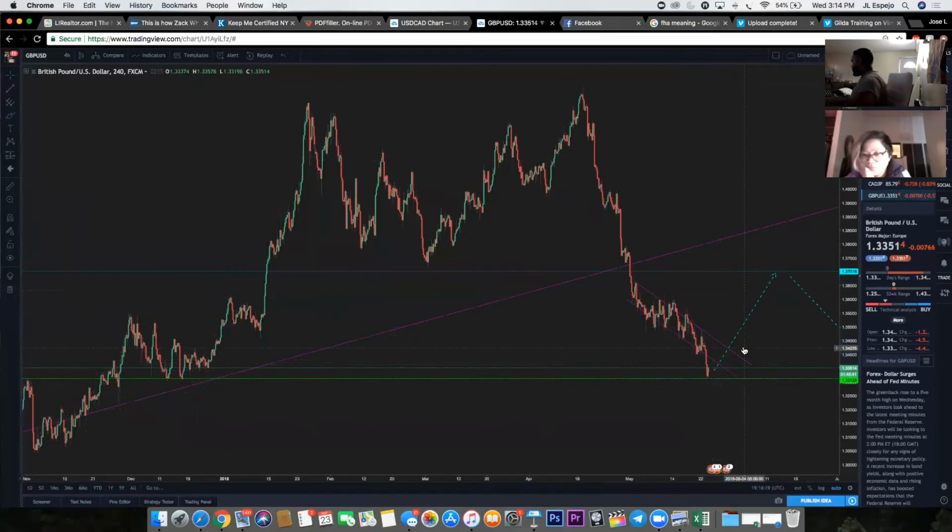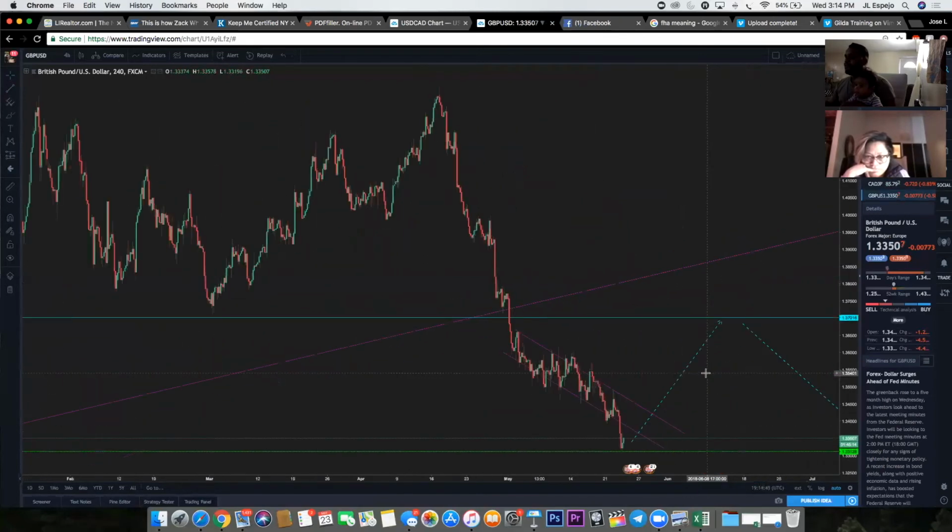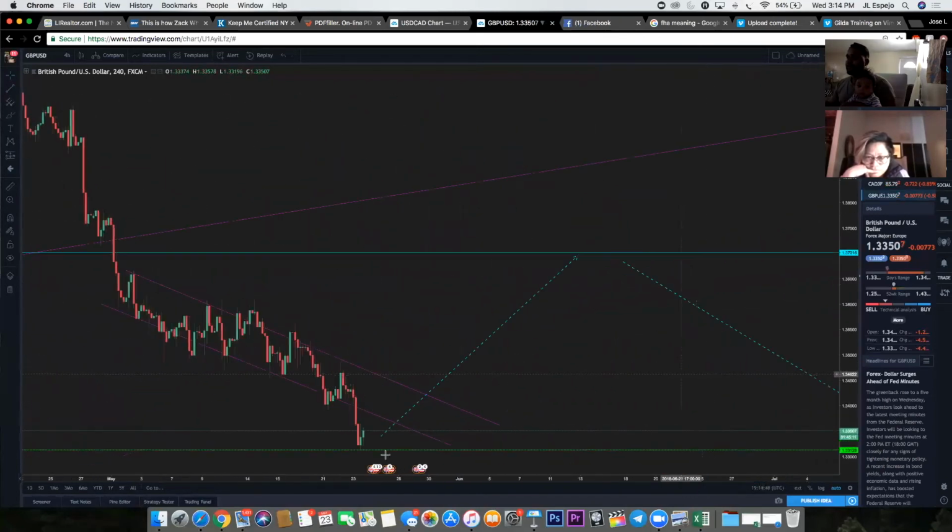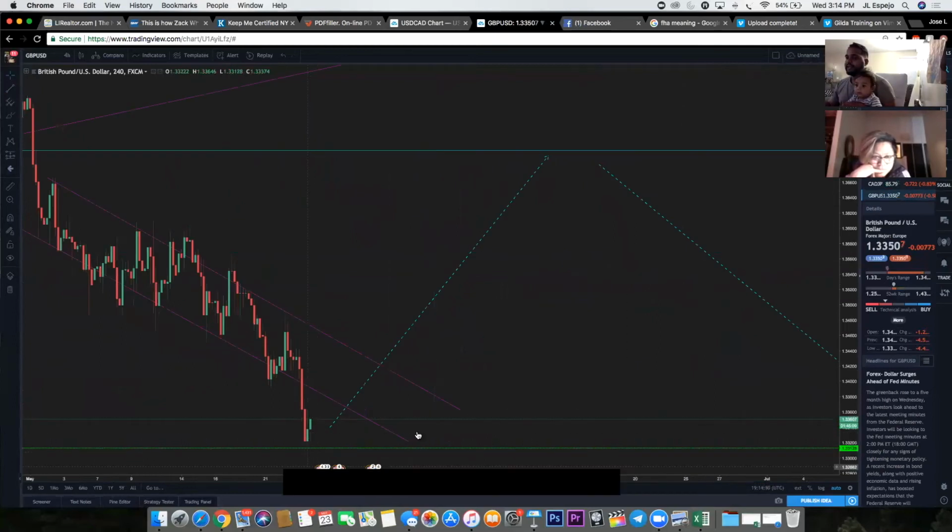Hold on one second. So what happens is, this is where you can focus on looking for signs, like maybe this 3 candle formation here, this long red candle and then a halfway sized candle.